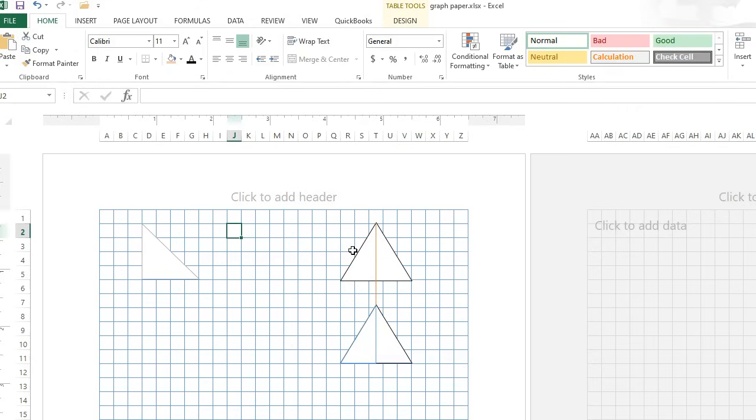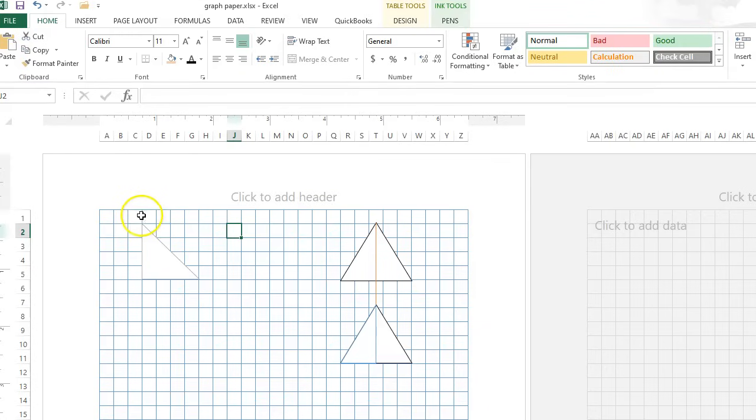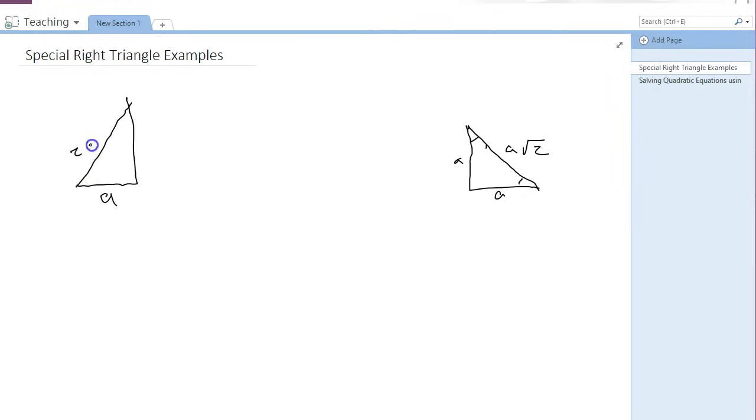All right, let's go back and see. If you have A here, go back here, then this becomes 2A. And what does this become? Let's call it C again. So 2A squared equals A squared plus C squared.